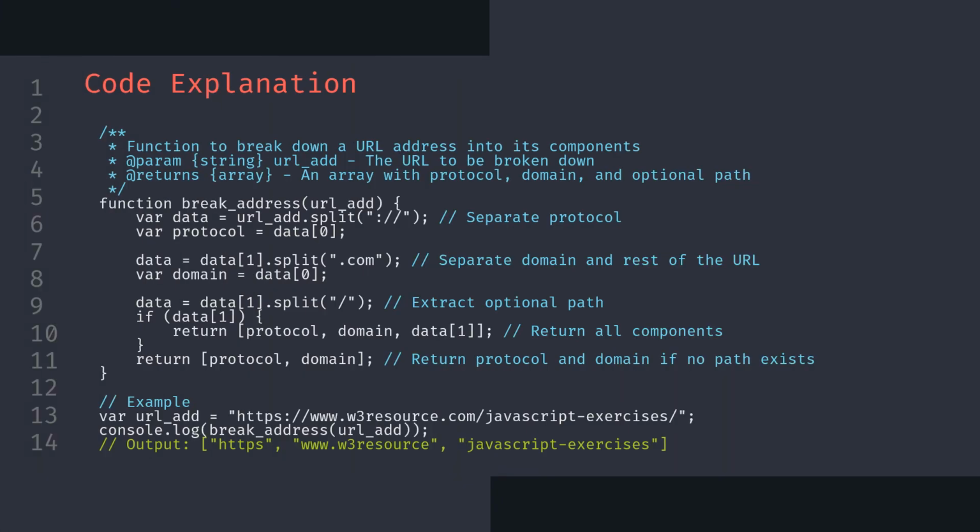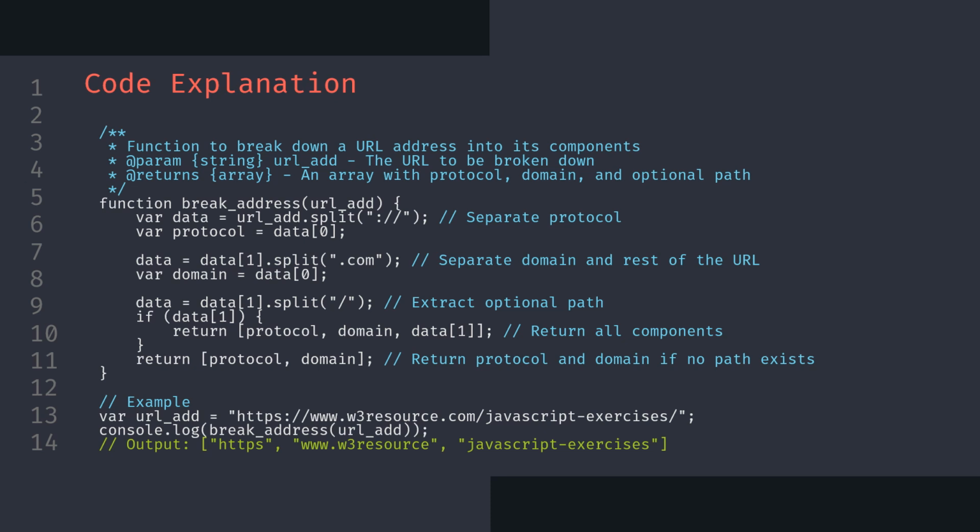Here's how the function works. First, the function accepts a URL string as input. Second, it uses the split method to separate the string into three parts. The protocol is extracted by splitting the string at //. The domain and potential path are separated by splitting at the .com.